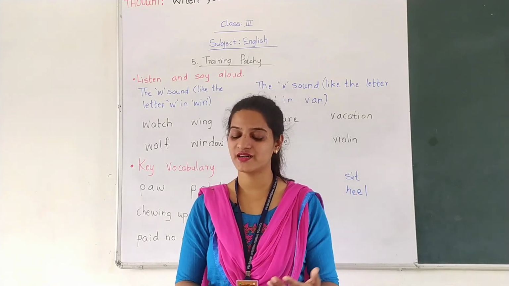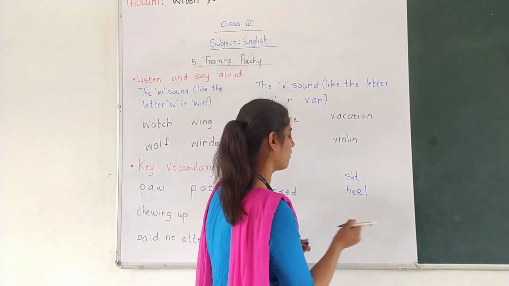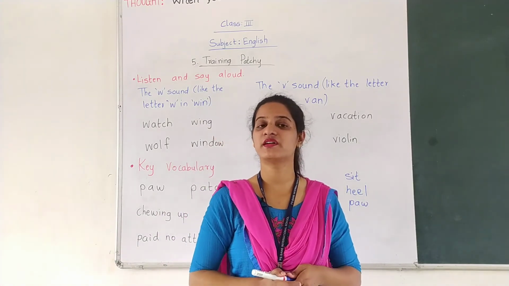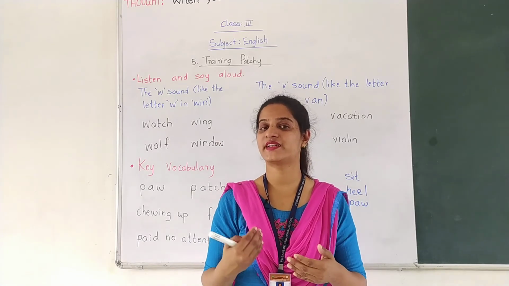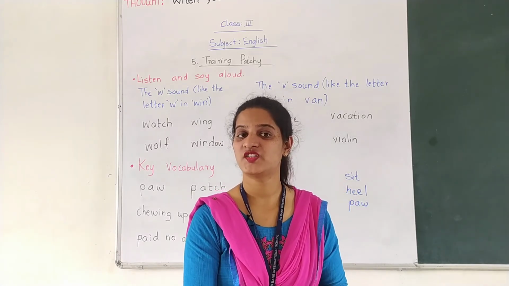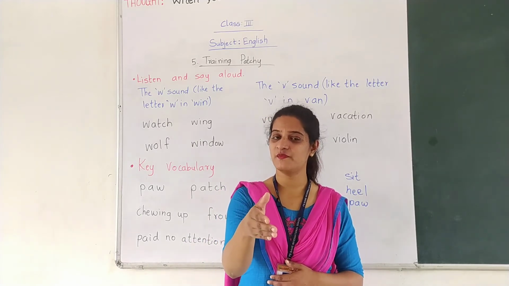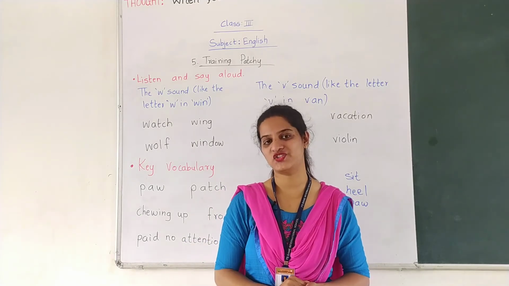Okay. And third thing is paw, P-A-W, paw. Now whenever they say paw, what does Patchy have to do? Patchy has to sit down and lift up his right paw for a handshake.